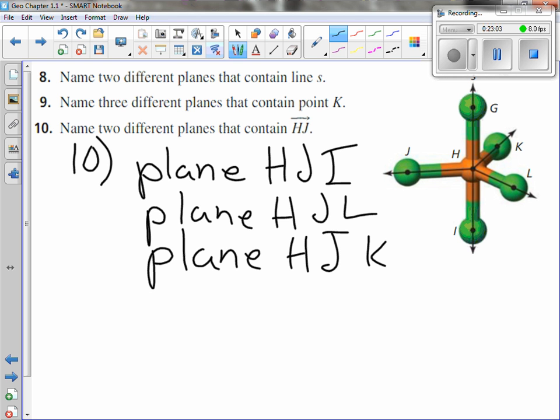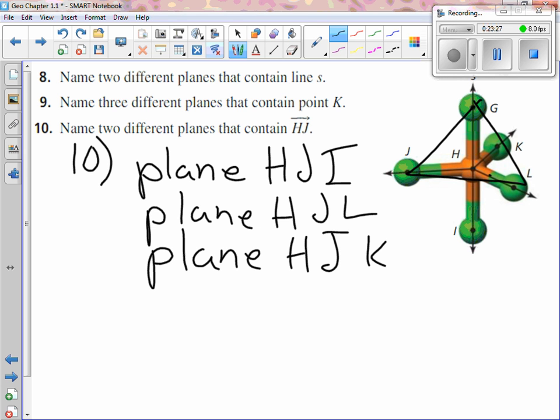Does that make sense? Because if I tried GJL, I wouldn't include point H. Y'all see that there? Because if I tried to make one, here, it would be easier if I draw it. Coming out here, that triangle, does it include point H? No, because point H is over here and the plane's over here.